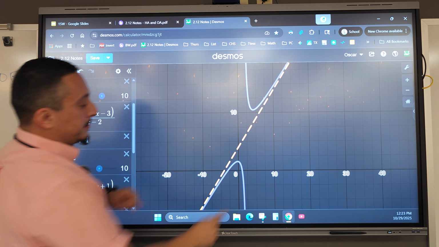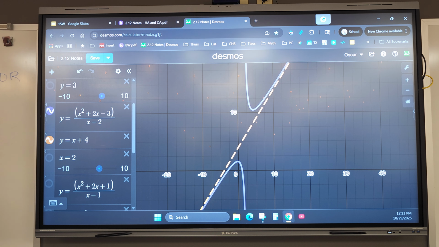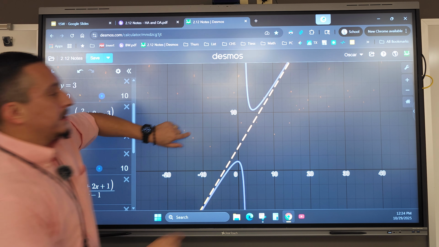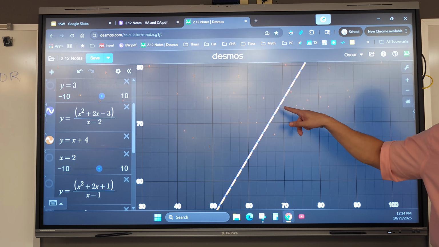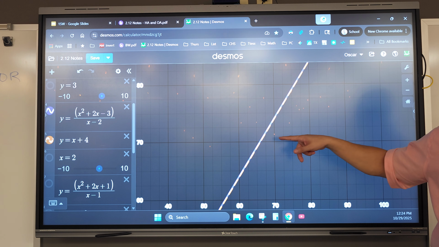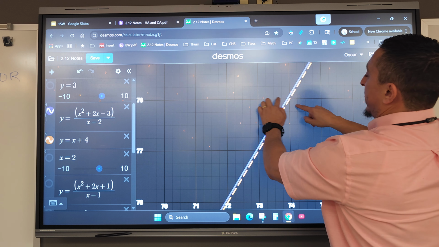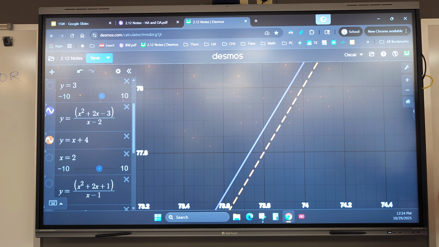You see that orange line? Okay, diagonal asymptote. And look, you can go like this, and it looks like it's on top of it, right? Like it looks like it does touch, but the minute you zoom in, it's never touching. It's going to approach it, approach it, approach it, approach it. Is that good? Make sense?